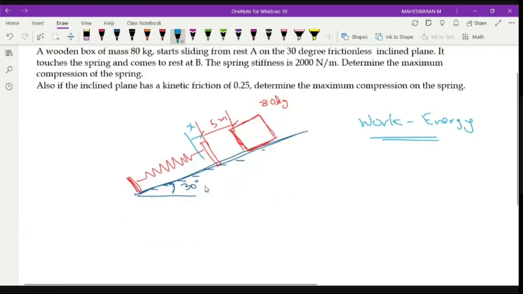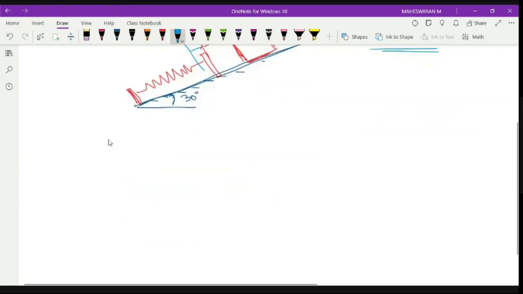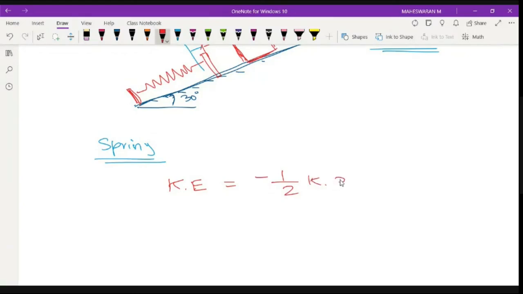So when you consider the spring, make sure you have energy in the spring. The energy is minus of half k into x square, right? So why is this negative? Because when it is compressed, there is an opposing force acting on the body.